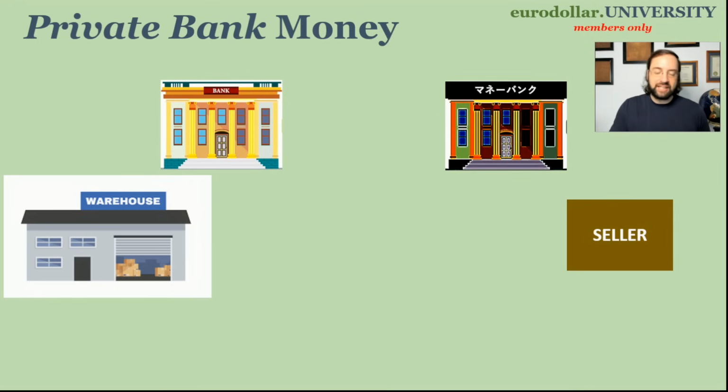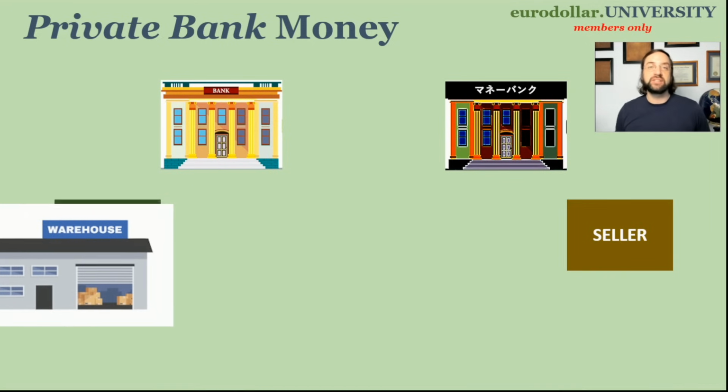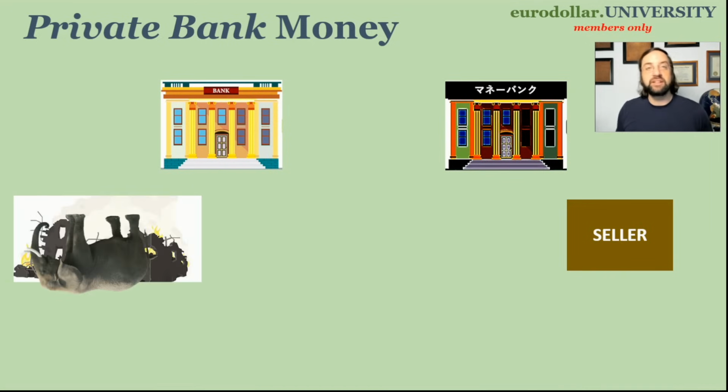Either way, one day, the elephant got spooked for whatever reason and tore down one of the support I-beams in the warehouse. And by the next morning, when bankers showed up to the warehouse, the elephant had destroyed the warehouse as well as itself.